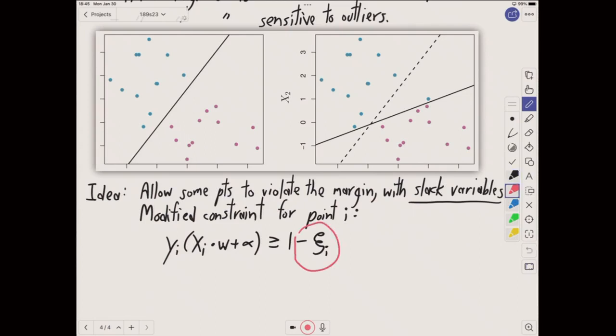But there's this one addition at the end here, which is the slack variable. That's the Greek letter xi. So xi subscript i is a scalar slack variable for sample point, training point i.